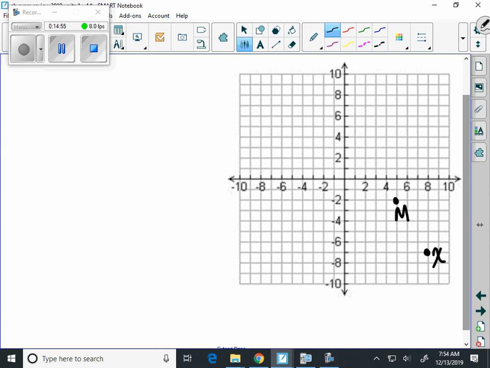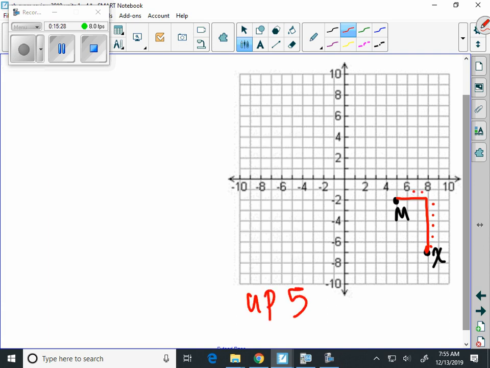Again, M is the midpoint. So that's the middle value. We want to find the other endpoint. And again, it's going to be about counting. Let me fix my M. And what we did is we went up 1, 2, 3, 4, 5. We went up 5.